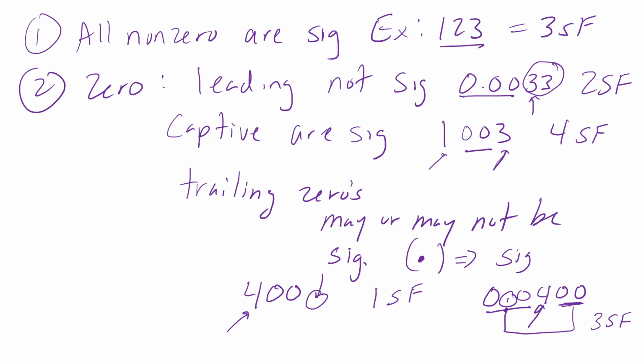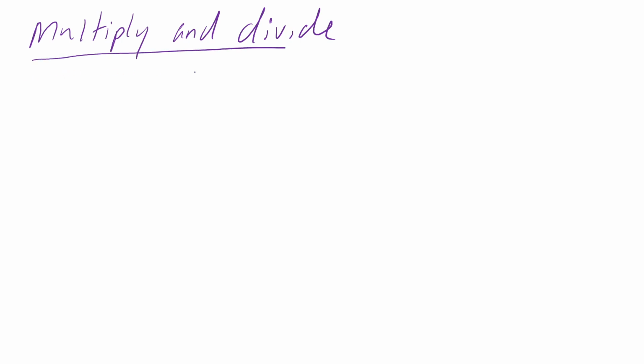All right, so now that we reviewed these really quick, let's talk about what we do with calculations. There's really 2 types of calculations that we do. We multiply and divide, and they're grouped together in terms of how you get your answer when you're doing calculations involving the right significant figures.